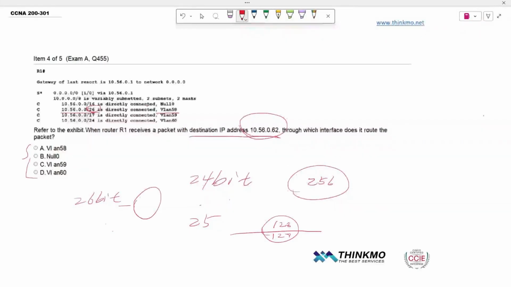With a 26-bit mask, it's like making two additional cuts, resulting in four distinct segments, 64, 64, 64, and 64. So inside, what does the first 64 represent? It represents 0 to 63. 0 is its network address, and 63 is its broadcast address. So its usable addresses are from 1 to 62.